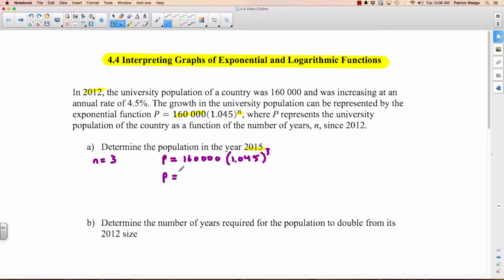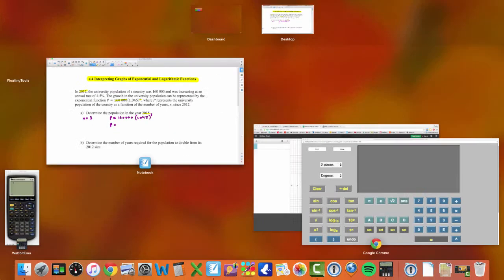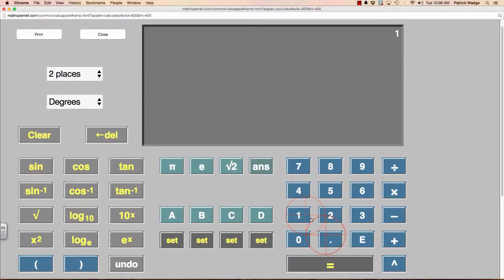So remember, if you're going to do that, you're not going to do 160,000 times 1.045 first. That's a multiplying step. You have to do the exponent first. So let's go to the scientific calculator, and we will do that. So it's 1.045 raised to the third power. I'm going to get that answer, and then I'm just going to multiply that answer by the 160,000.